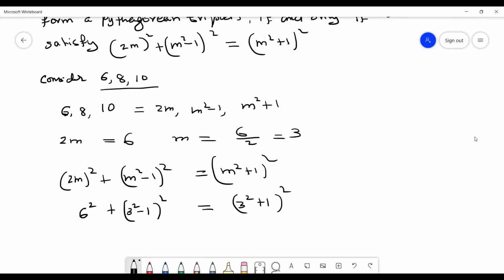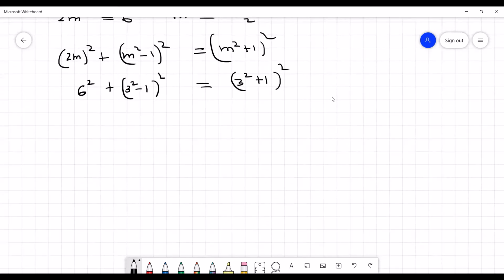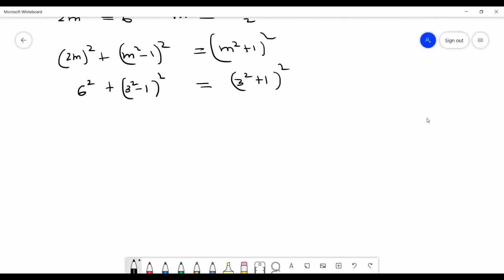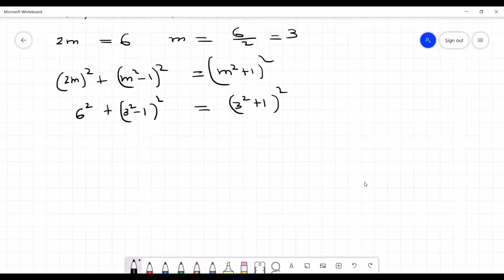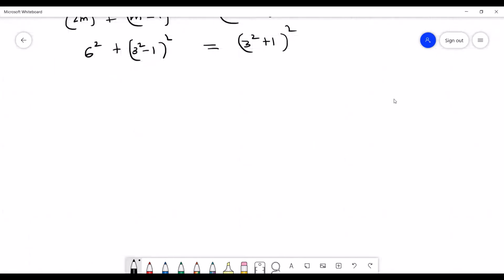If it is satisfying this condition, then we can say 6, 8, 10 are a Pythagorean triplet. So here 6 square we are getting as 36, and here 9 minus 1 the whole square will come. Here 9 plus 1 the whole square will come.